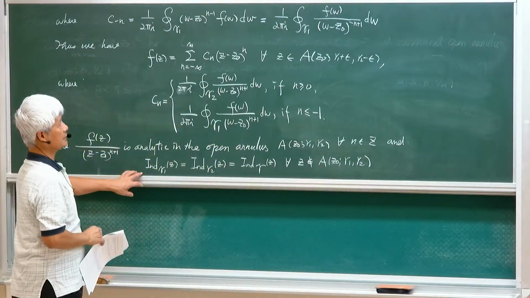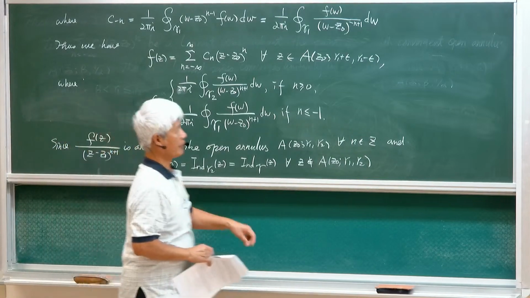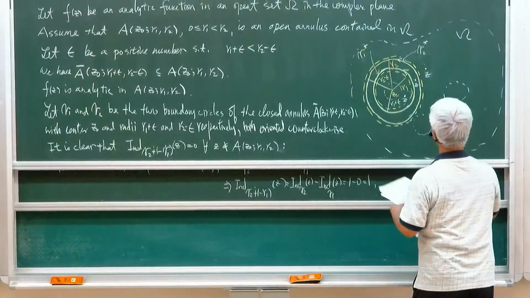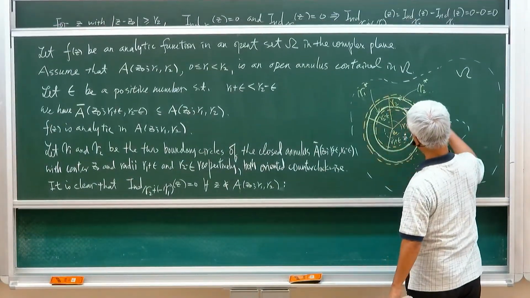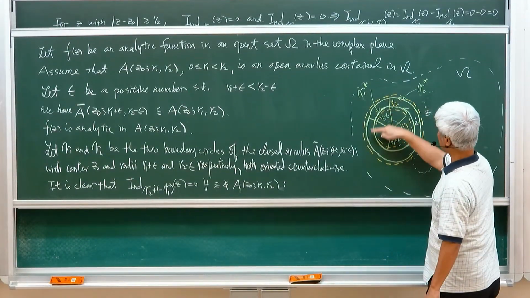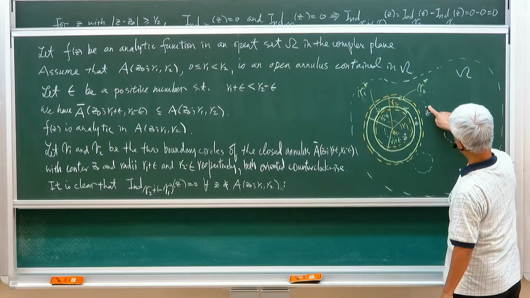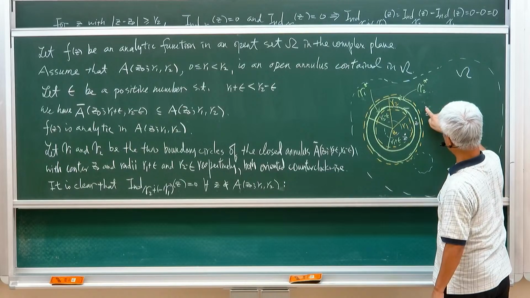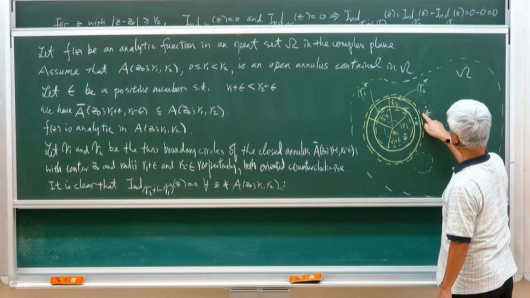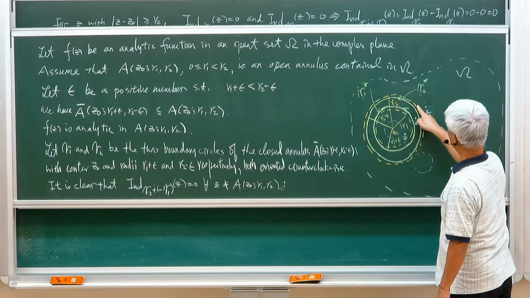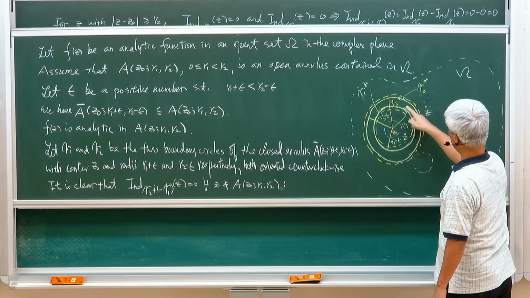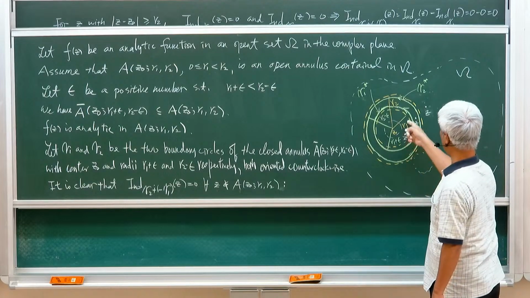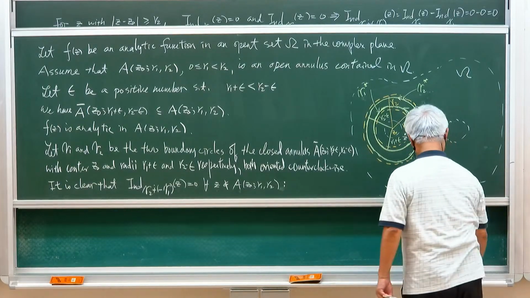The reason is that gamma 1 and gamma 2 are oriented counterclockwise. So if the distance of z from z0 is greater than or equal to r2, then the index over gamma 1 and over gamma 2 will be zeros.